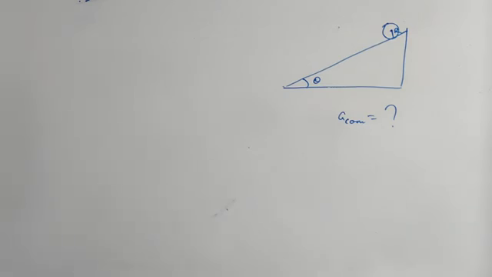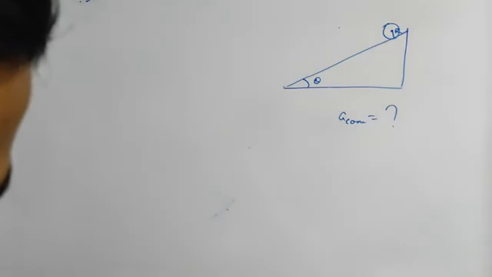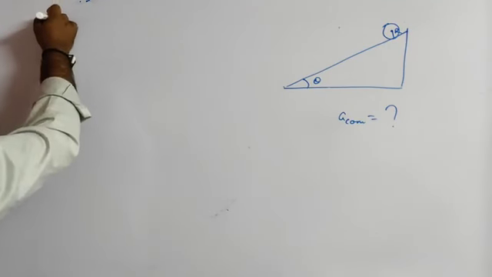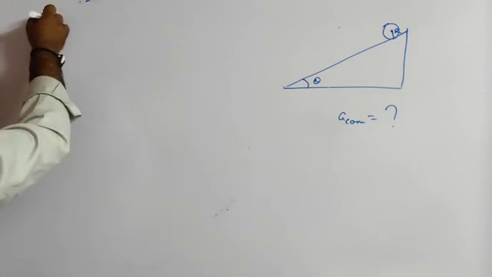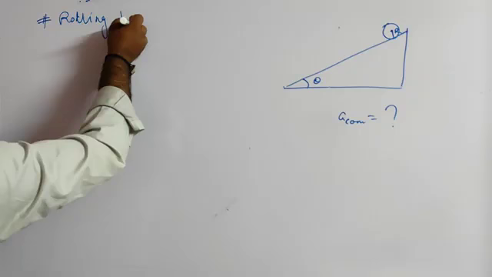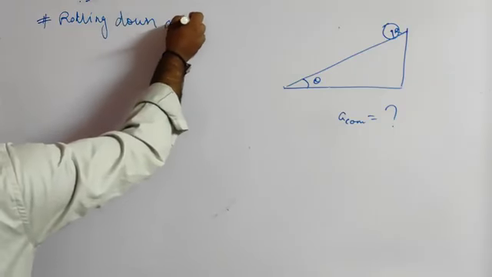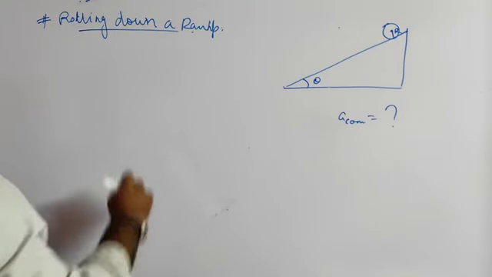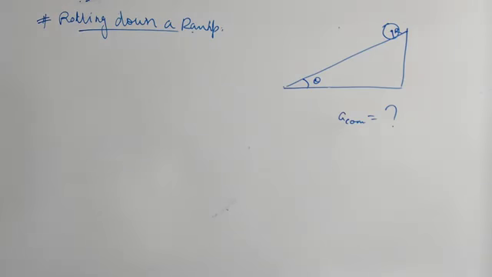We'll calculate the case of rolling down a ramp. Okay, so in this case, as you can see, there will be two types of forces.